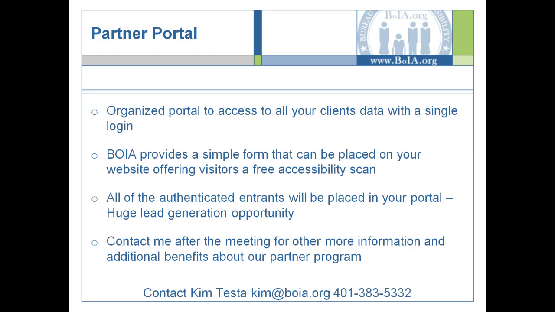We authenticate it to make sure that it is not just spam, and then we collect these for you. We run the scans, we send the results to the person who put the information in that form. Once that information is in there, we give you access to log in to our business portal. In that business portal, we'll show everybody that has come to your website, filled out the form for a free scan, and you have all of their information.